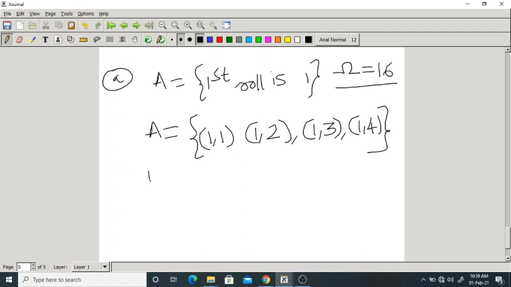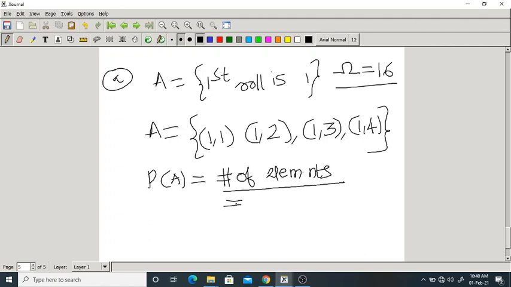Now what is the probability of A? The number of elements in A by the total number of possible outcomes.